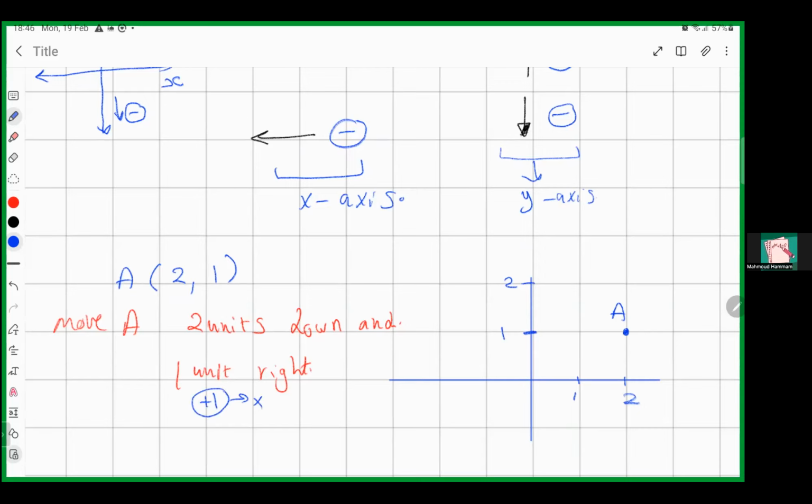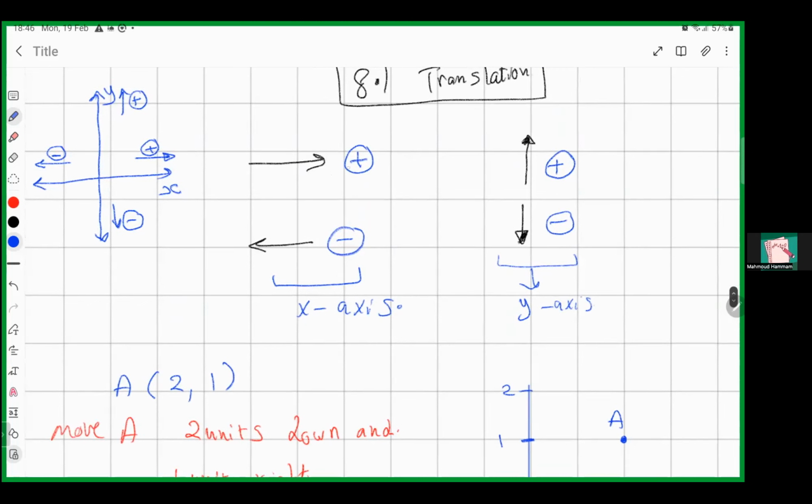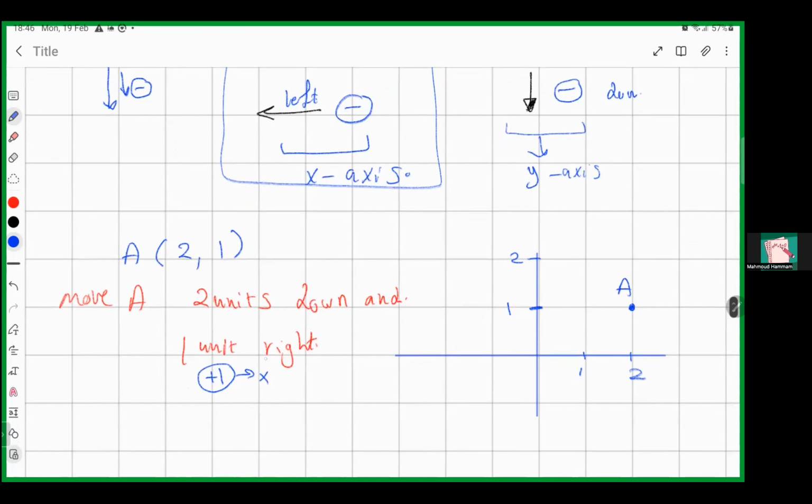We said right and left affect the x-axis. When I say 1 unit right, +1 in the x, and 2 units down, this affects the y, so -2 affecting the y.